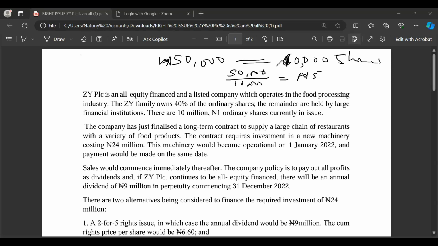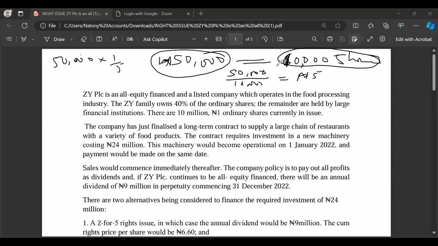So in this scenario, the examiner has given you the investment that will be needed. The examiner may not give you directly that it is 10,000 shares that will be needed, but the examiner will give you existing shares. Let's assume that existing shares is 50,000, and the examiner may tell you that it's a 1-for-5 right issue, so times 1/5.